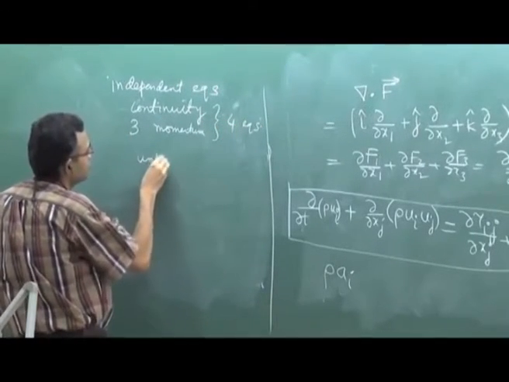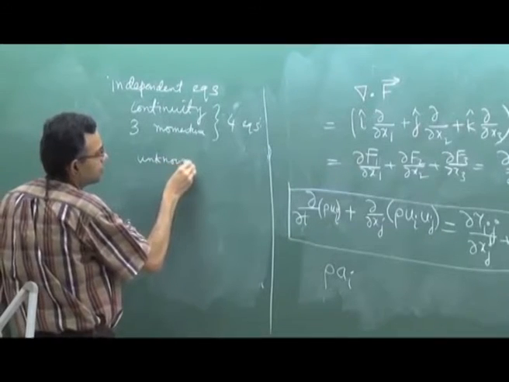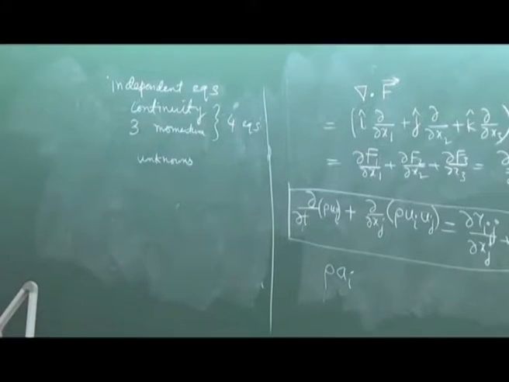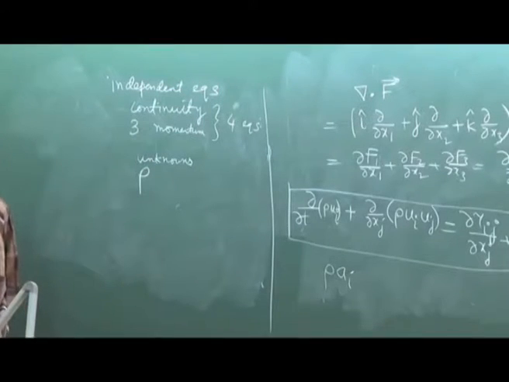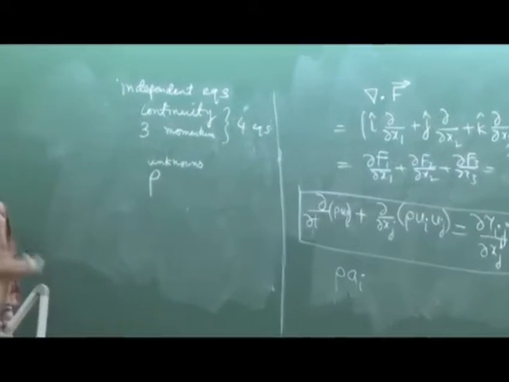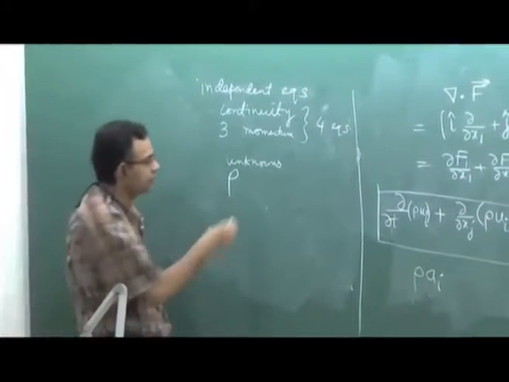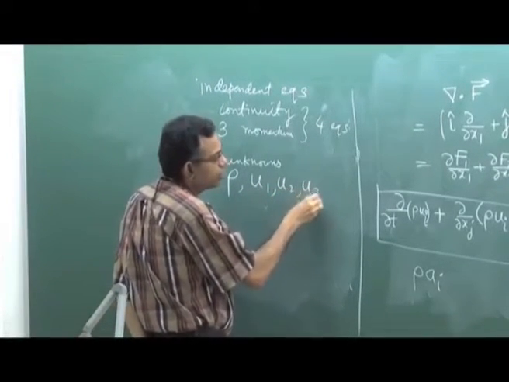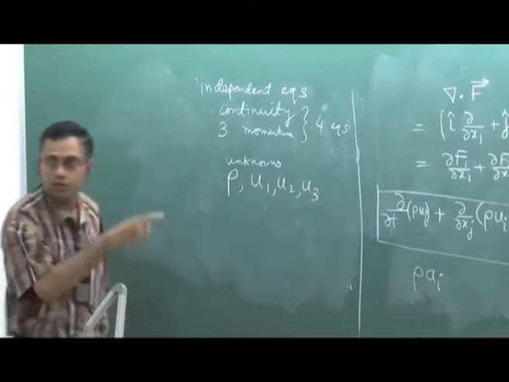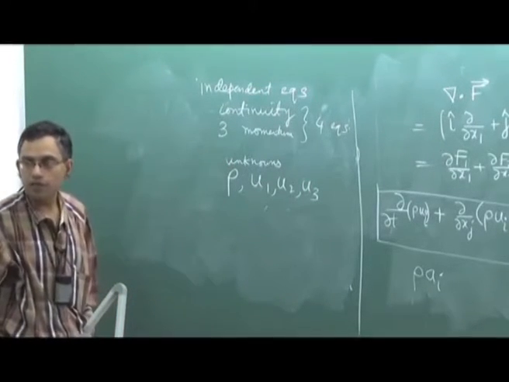Unknowns. What are the unknowns? In general, you may have rho, the density, as an unknown, then u1, u2, u3, then 6 components of tau ij.